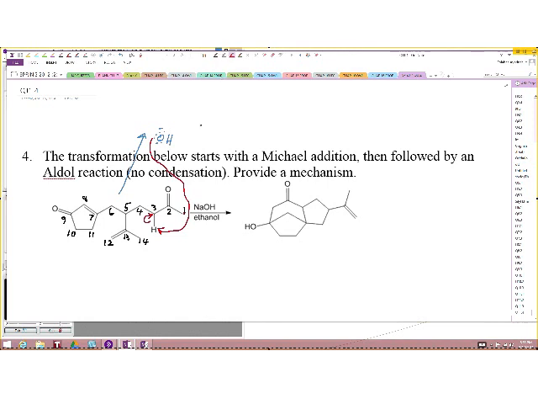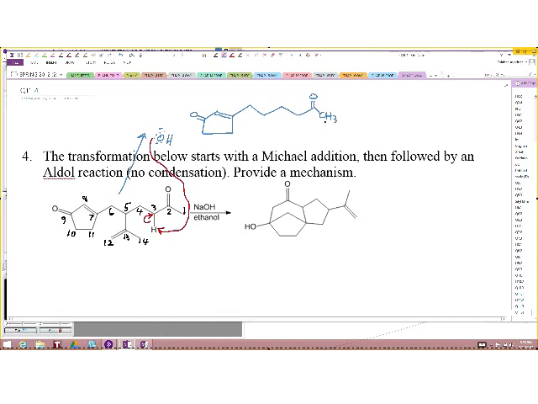Okay, so now let us write this. So we have this here, we have this here, we have this. And then we have this here. And of course we have on carbon number 5 the branch.